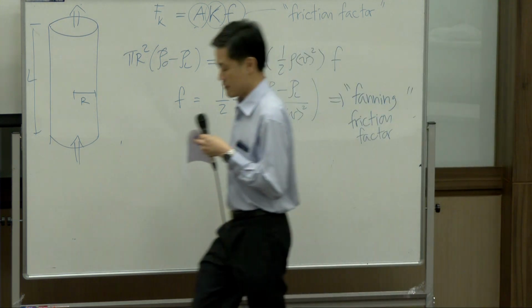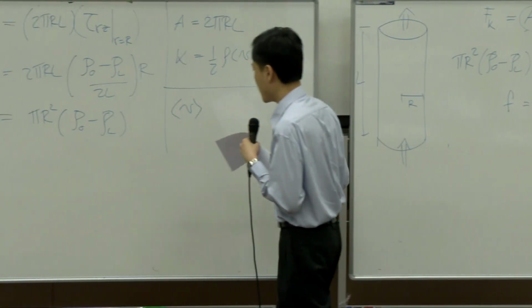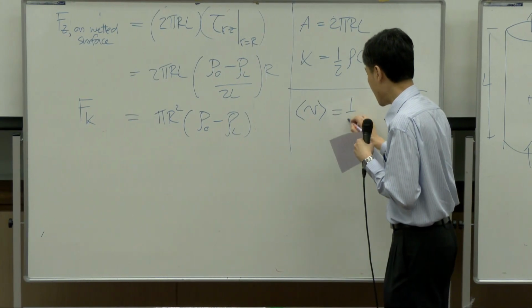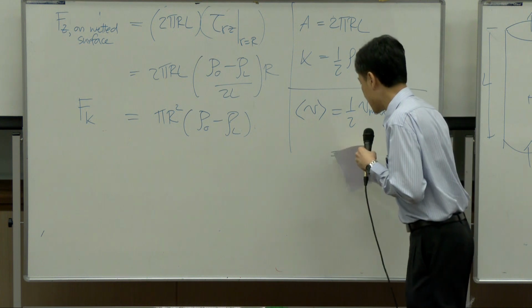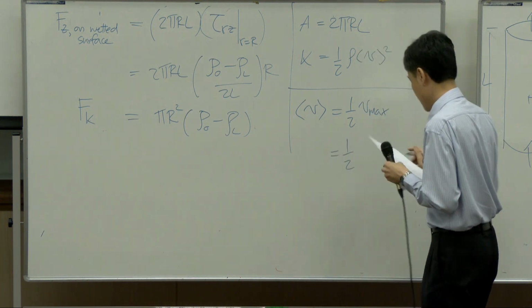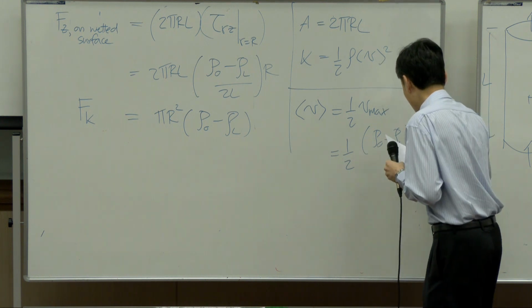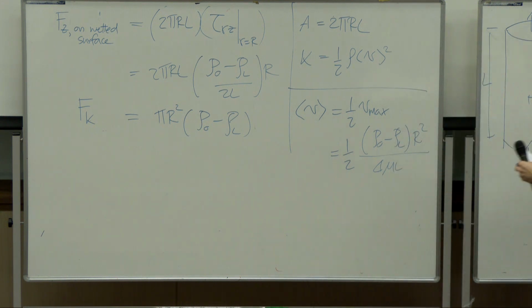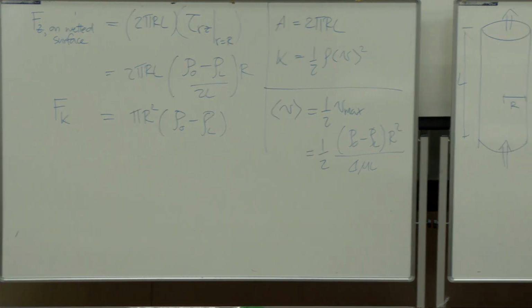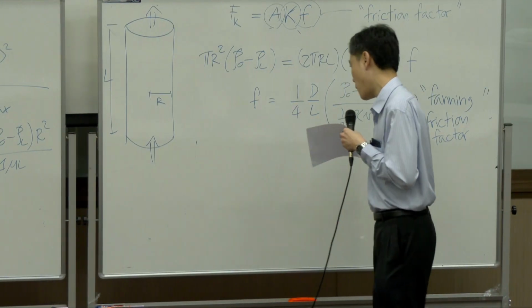Now we know that, earlier from the microscopic balance, the average velocity is half of the velocity max. And velocity max is basically (P0 minus PL) R squared over 4 mu L. So if I split this, or if I change capital R to D, this would be 4, okay?